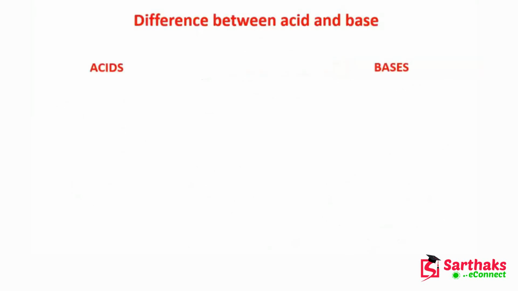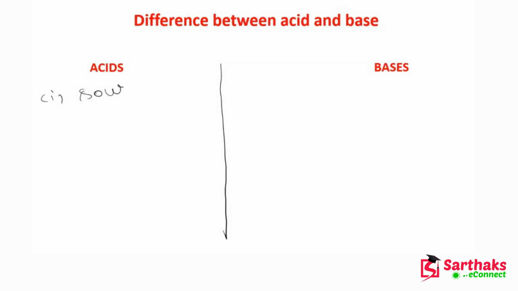Okay, so here we will talk about the difference between acid, base and salt. First of all, we will see the difference between acid and base, and then we will talk about salt. So guys, acids are sour in nature.